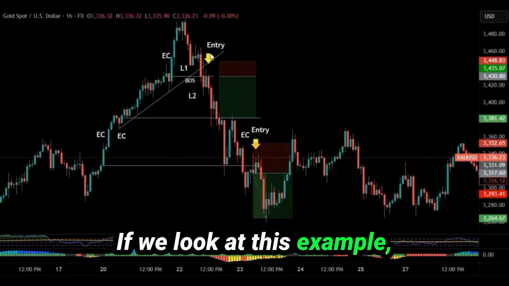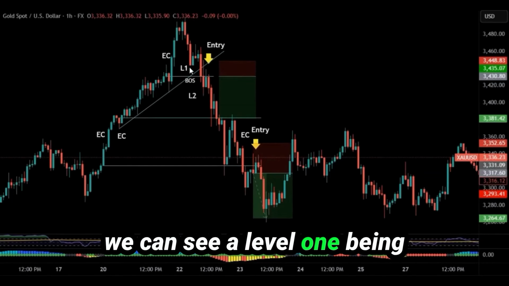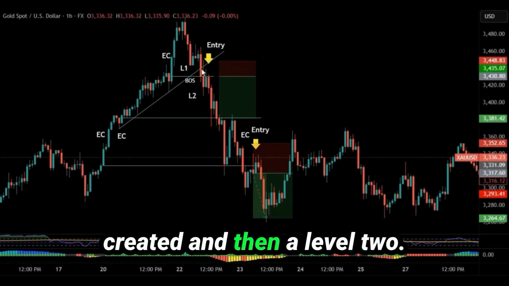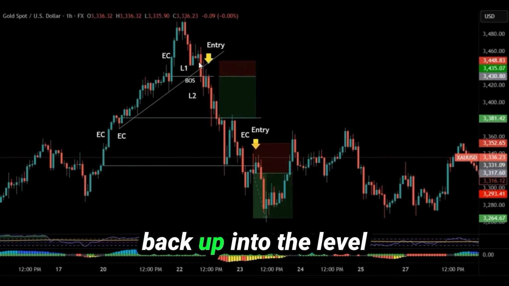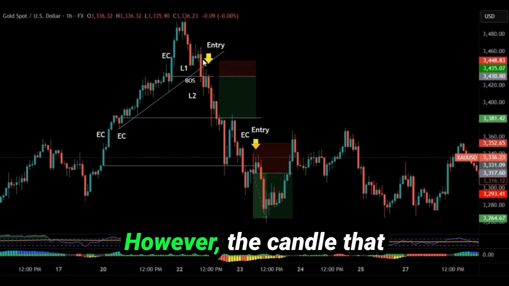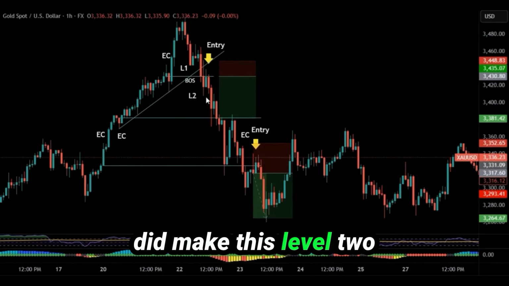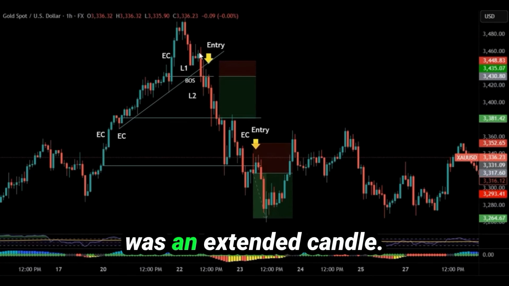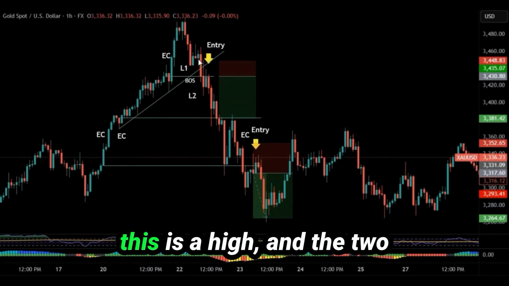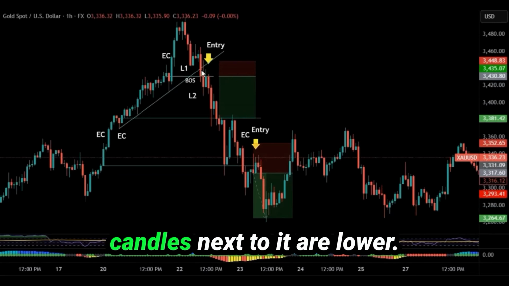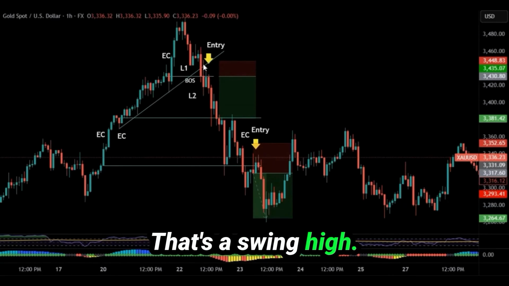If we look at this example, we can see a level 1 being created and then a level 2. Now price does not retrace back up into the level 1 extended candle. However, the candle that did make this level 2 was an extended candle. As you can see right here, this is a high, and the 2 candles next to it are lower. That's a swing high.